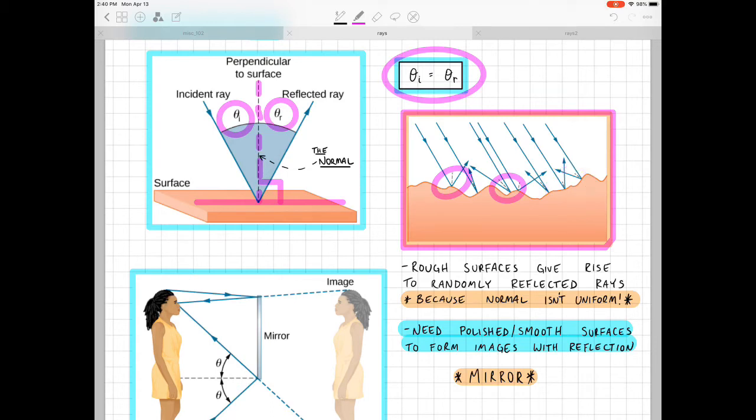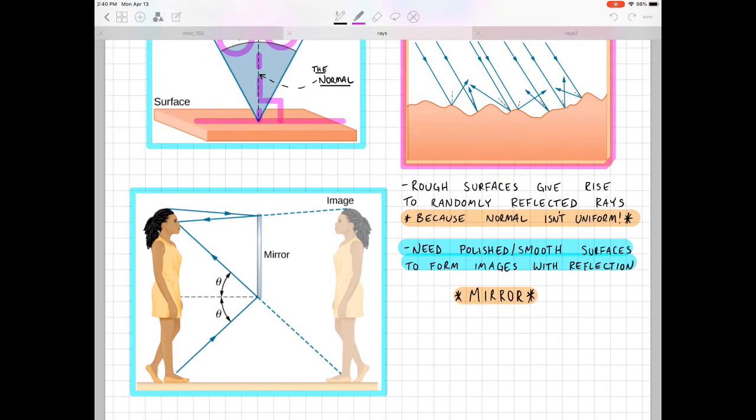And so what we need if we want to consistently form images using reflection is we need a polished or smooth surface, which I suppose probably seems obvious to you. So we need a mirror if we want to be able to have consistent usage of the law of reflection, right?